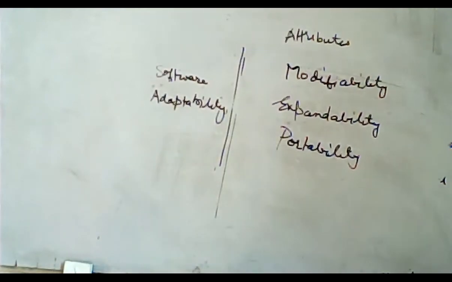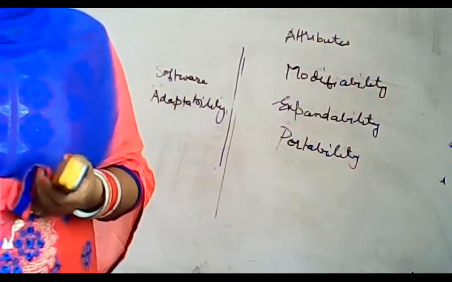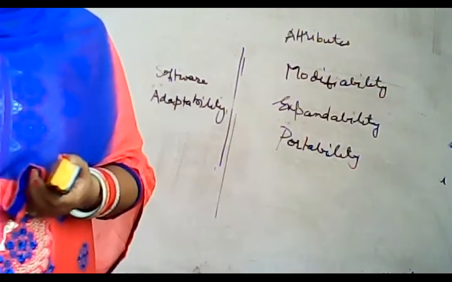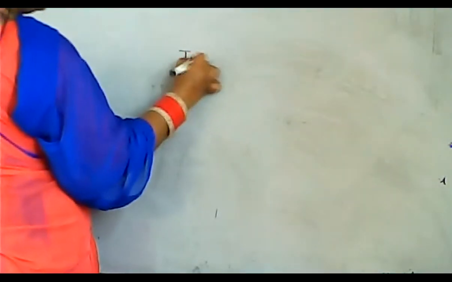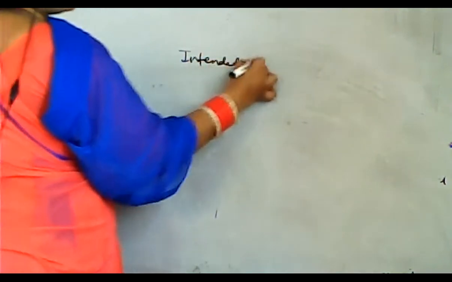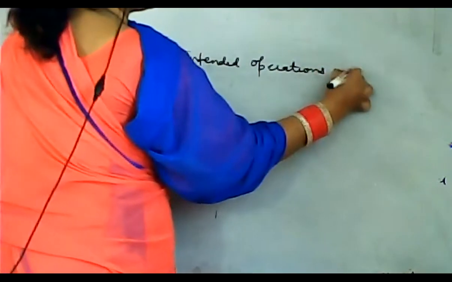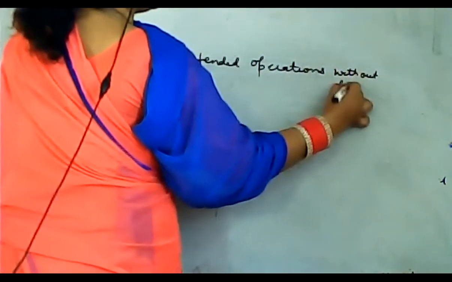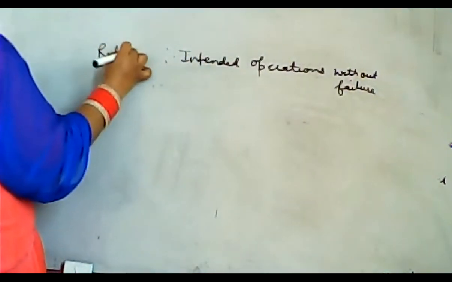So I repeat in a simple language. Reliability is the extent to which a software performs its intended function without failure. अगर कुछ failure नहीं है, without failure, it is performing intended operation, we'll say software is reliable.